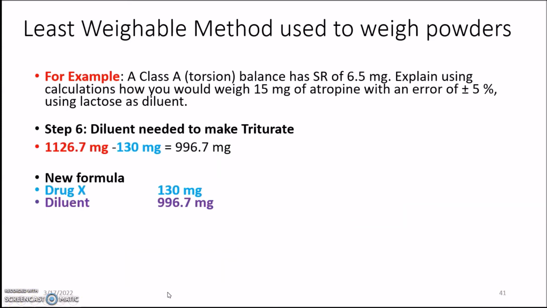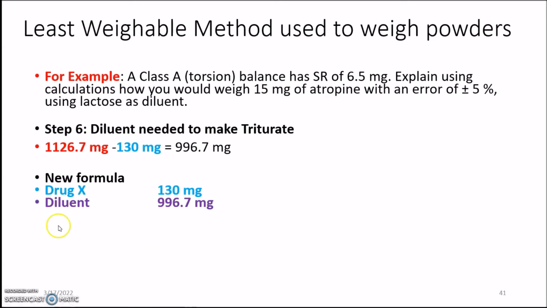So we are going to have to determine how we are going to make the mixture. We are going to have to combine 130 milligrams of atropine with a certain amount of diluent to make the 1126.7 milligrams. To determine the diluent, we subtract 130 milligrams from the total mixture to get the amount of diluent that we need to add.